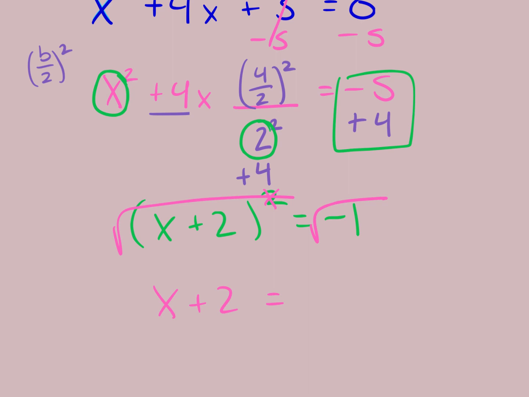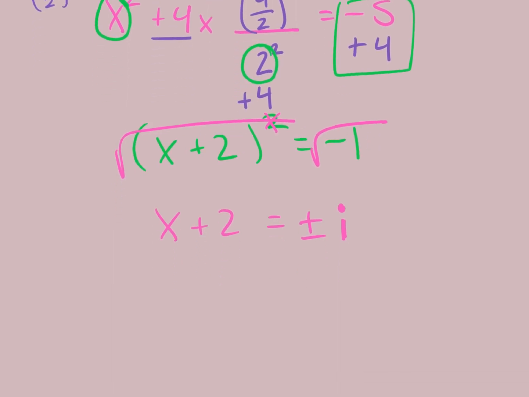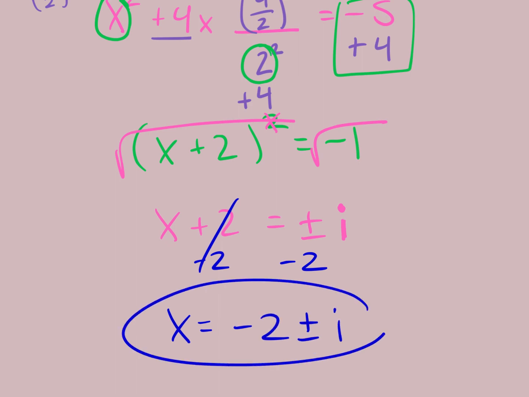Just 1i? Plus or minus 1i, which is just plus or minus i, because we wouldn't write 1x. The 1, we don't need it. What would we do next? Subtract 2. So x is equal to, can I combine 2 and i together? Nope. So negative 2 plus or minus i.